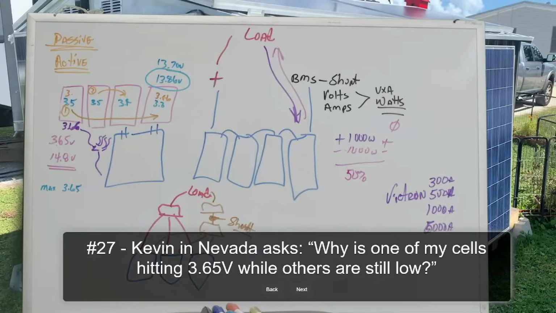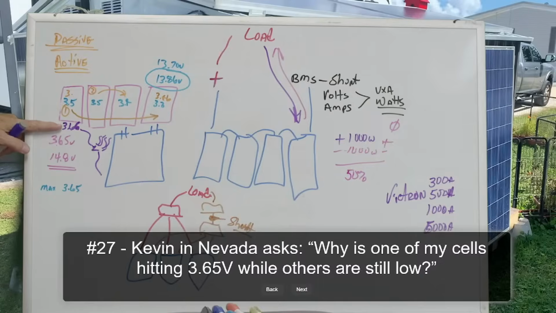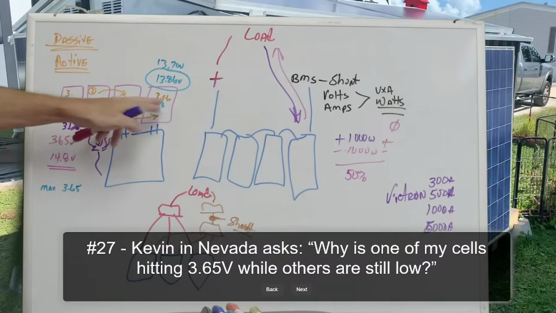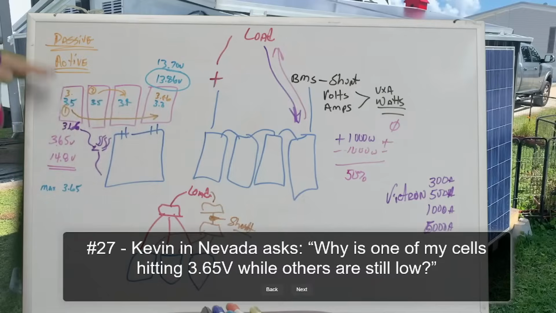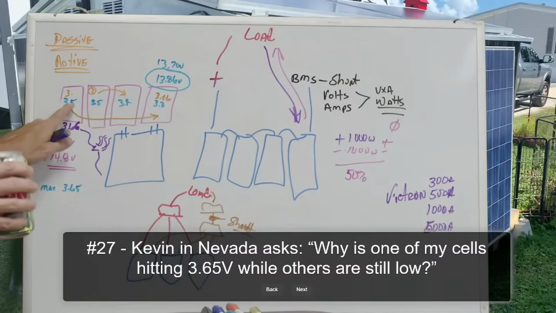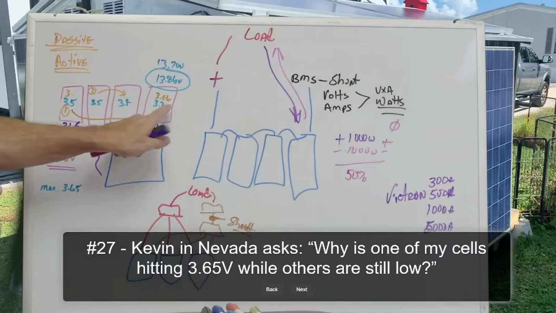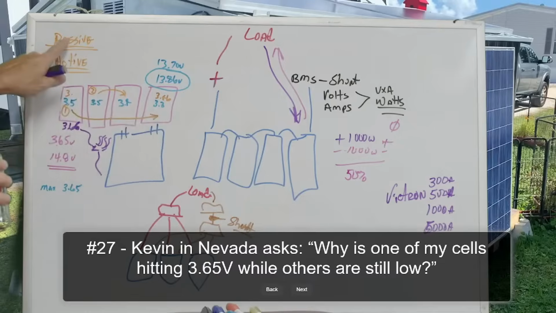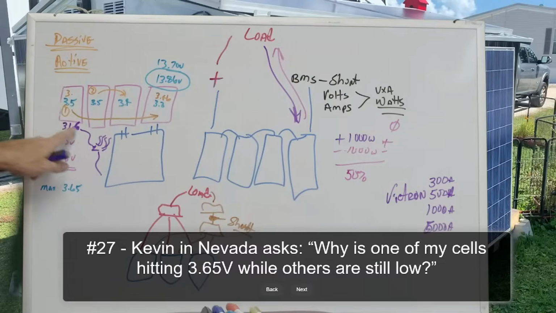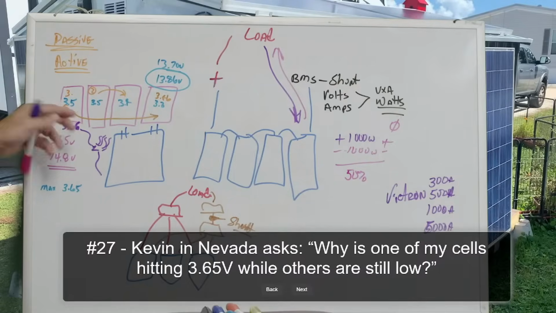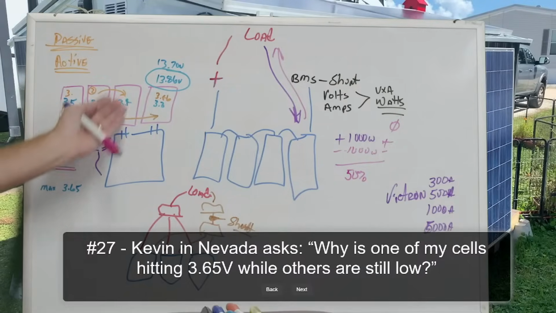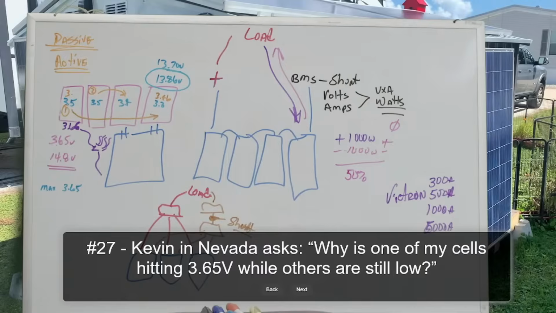If the BMS cuts you off, it's going to take a while to drain enough out of this battery in order to start charging these three batteries. So what you want to do is stop it before it gets there, giving the active balancer enough time to pull from the battery that's high and place it in the battery that's low, and giving the passive balancer enough time to burn off into heat some of the energy in this high voltage cell, therefore allowing more voltage to flow into the lower voltage cells.